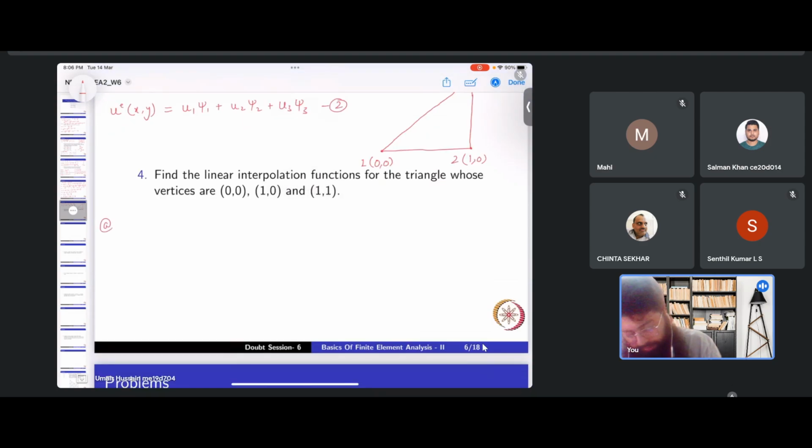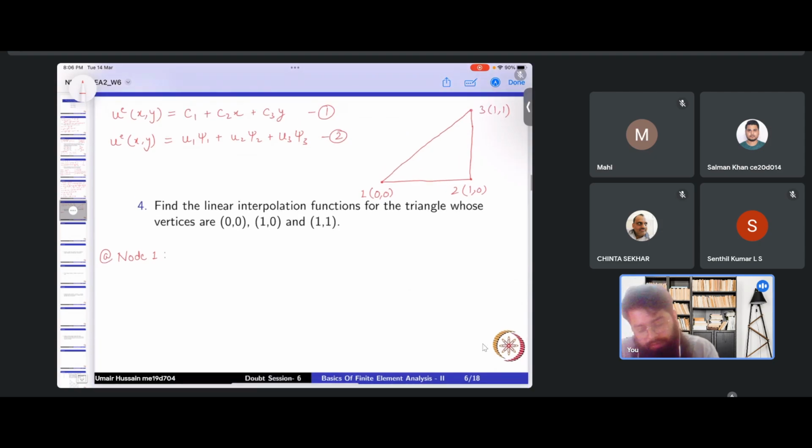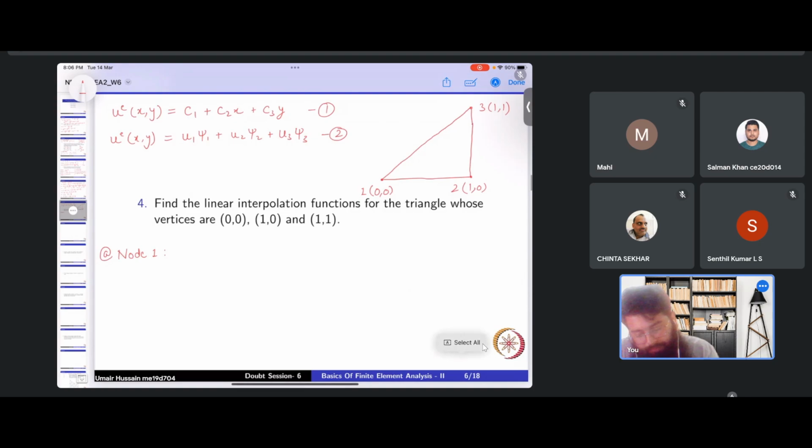We substitute the values of equations 1 and 2 at each node. We have node 1 here. So using equation 1, what does the value of our function u become? In equation 1, we have x equals 0, y equals 0, so we just get c1. And using equation 2, we are left with u1.